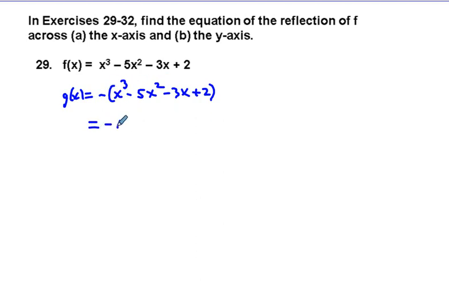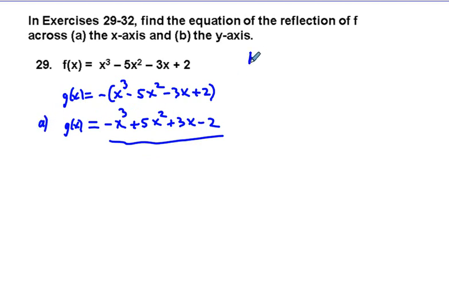So we have negative x cubed plus 5x squared plus 3x minus 2. And if we plug this in, we should have a vertical reflection, or reflection across the x-axis. So this would be for part A.